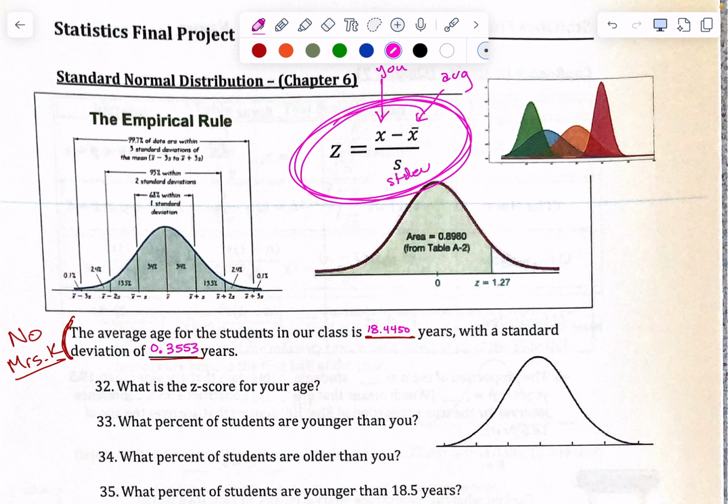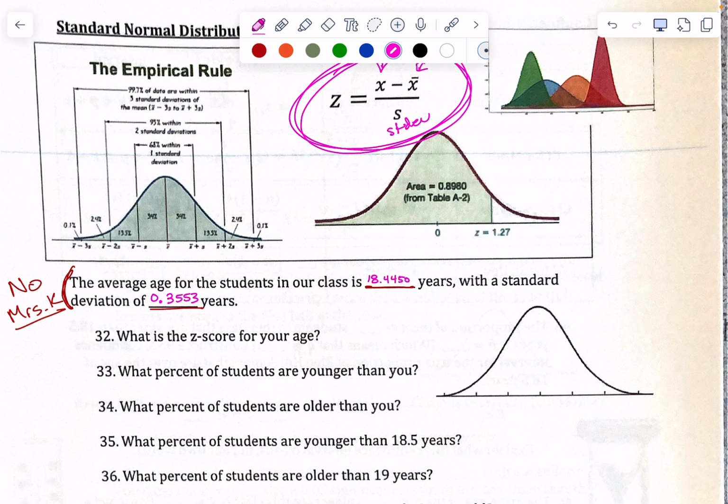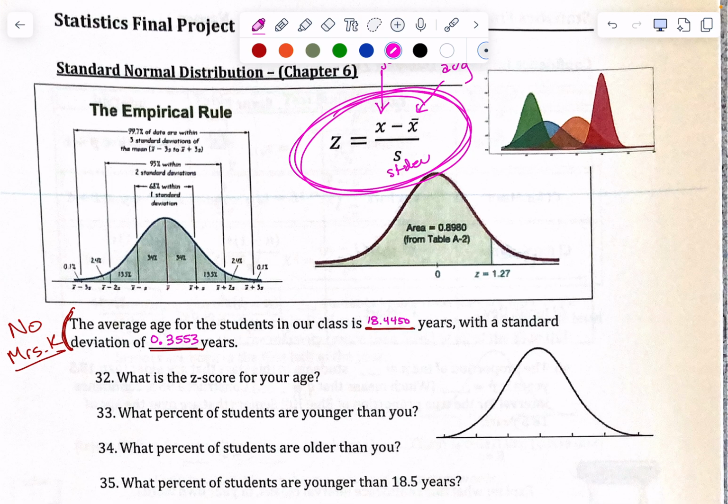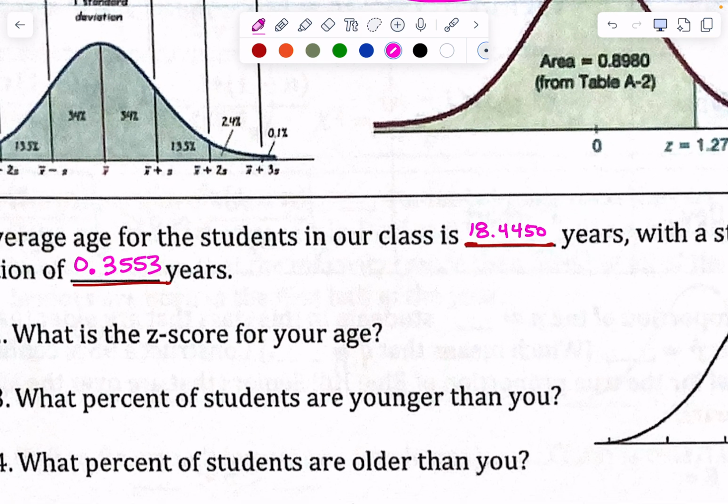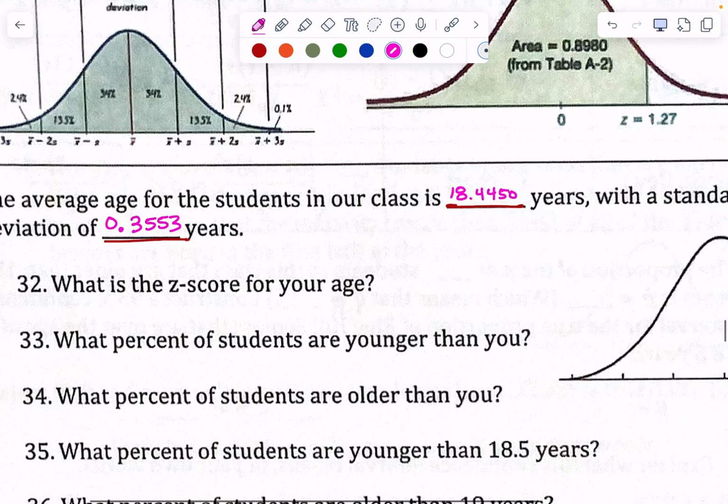Okay, calculate yours real quick. What is it? X minus the average divided by the standard deviation. Subtract the 18.4450, divided by 0.3553. You should get a number between -3 and +3.